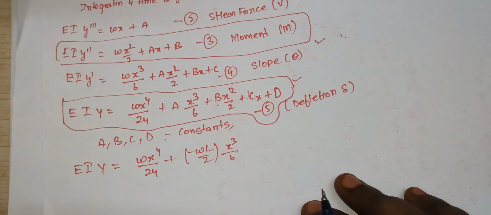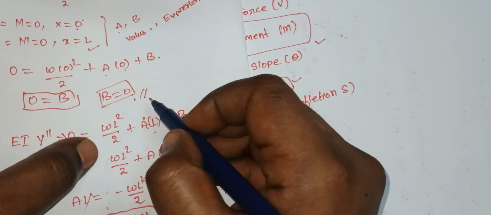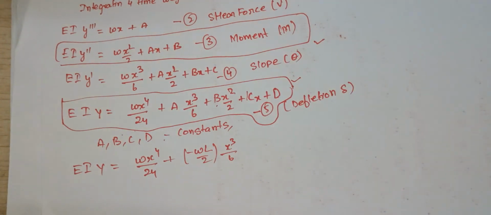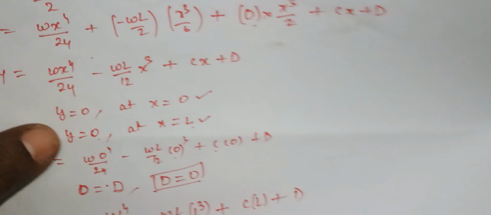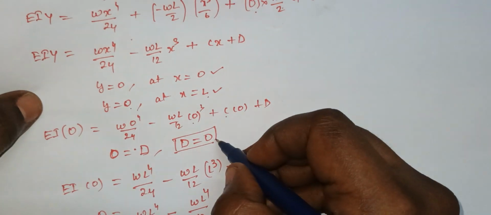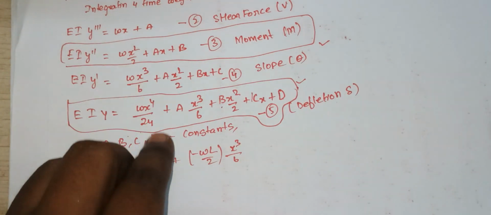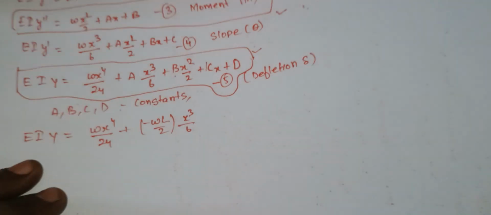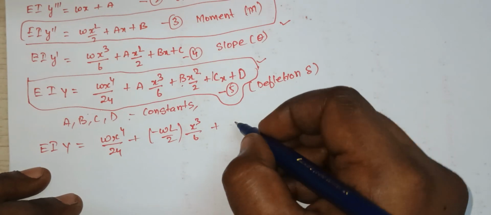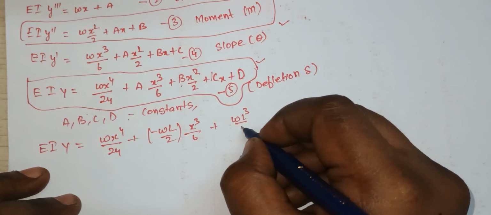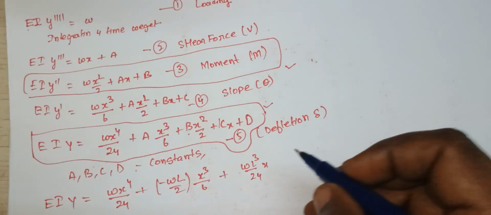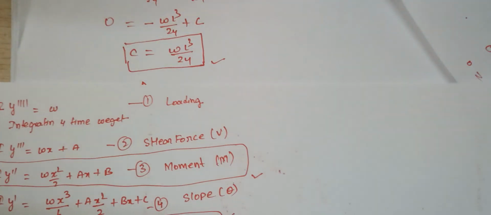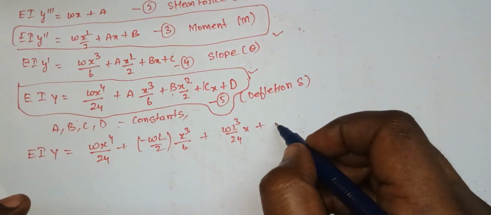We have solved the value of B over here as 0, so we don't need to write it. The third thing we have got is the value of C, which is WL cube by 24, so plus WL cube by 24 x. Plus what is the value of D? The value of D is 0, so no need to write this.